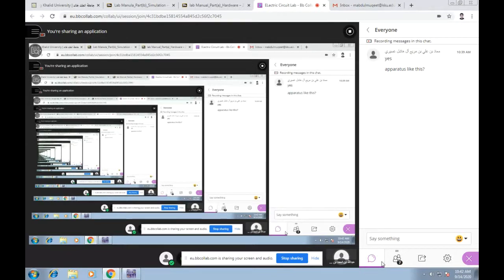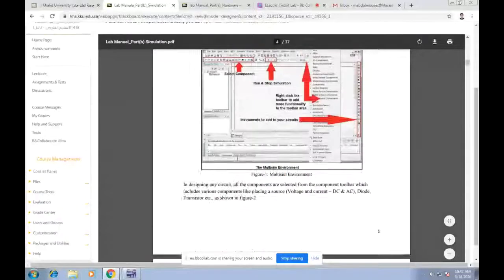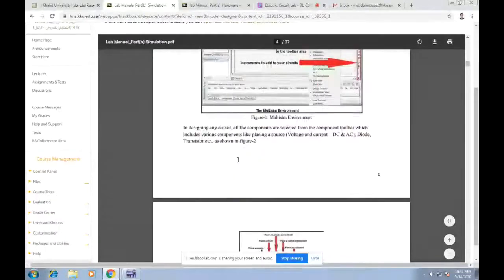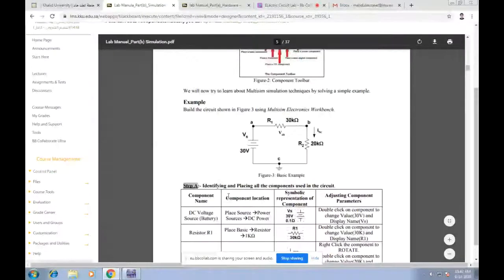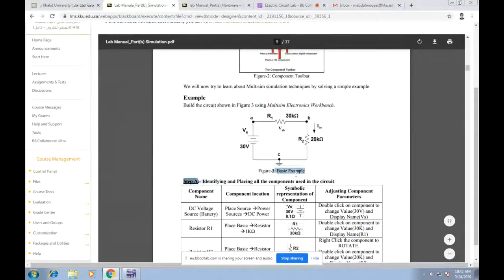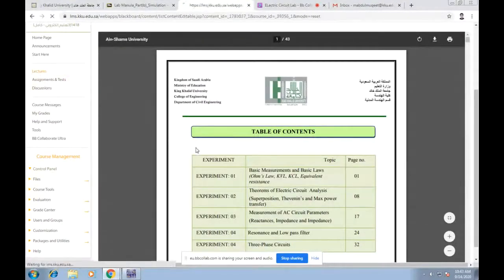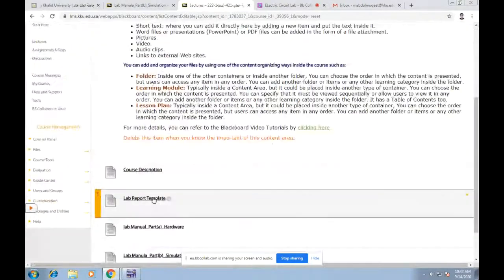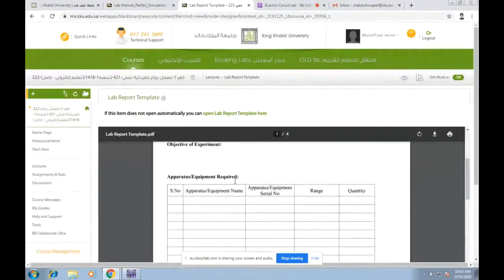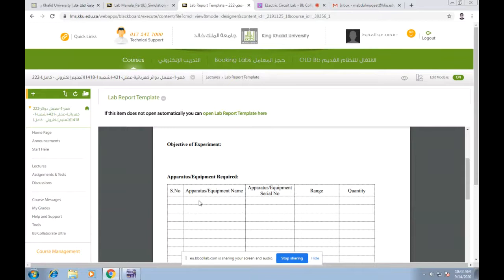Yes, apparatus. Simply you can write it like this, or else there is no need to complete this for the apparatus. Let me show you what is given. In the equipment name, first you write serial number one. Equipment name, for example, first it is DC power supply.